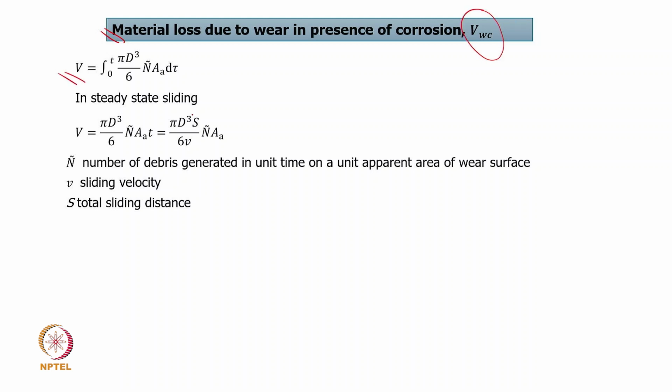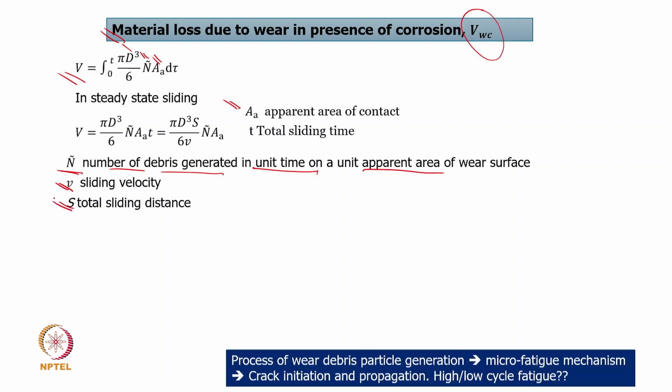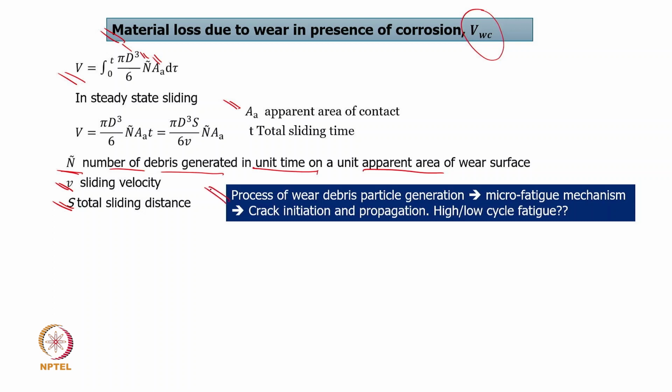That can be given in terms of D, this area, and the number of particles. So that has been shown here: the number of wear particles generated per unit time and per unit apparent area, then A, the apparent area of contact, V the sliding velocity, and here instead of time, we are writing the total distance. So this is the process.